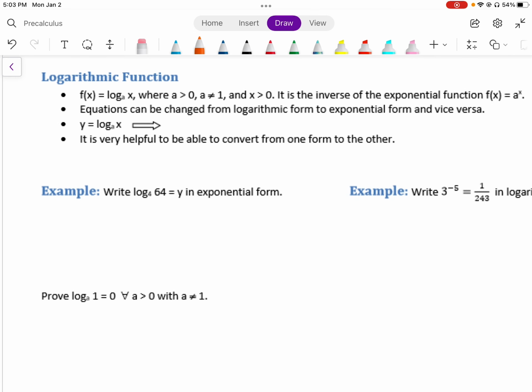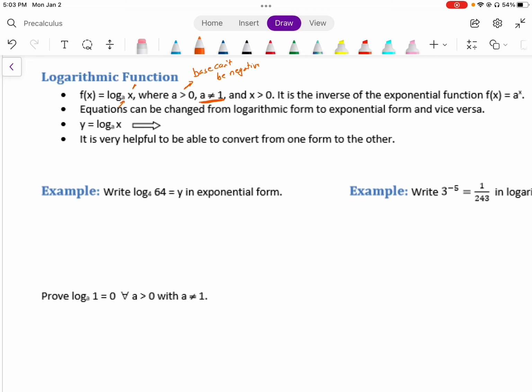So logarithmic function, here's how we write it. f of x equals log base a of x, that's how we say it, where a is greater than 0, so the base can't be negative. And on top of that, a cannot be 1, and x has to be greater than 0.